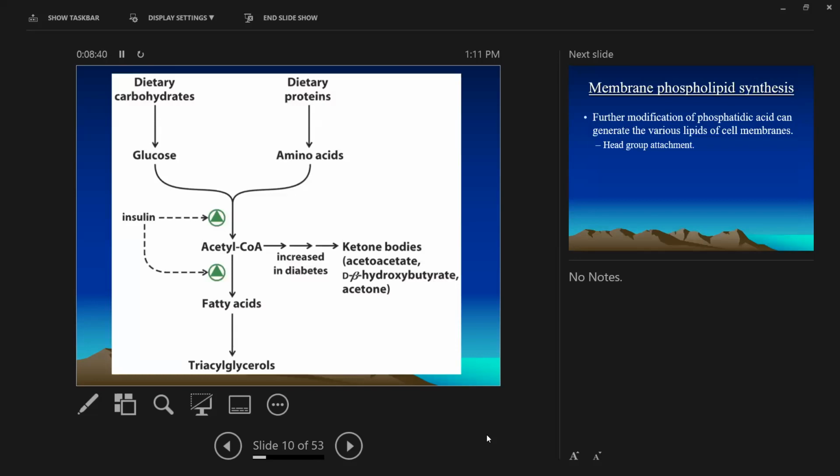So this is taken from your book. The conversion of glucose to acetyl coenzyme A, that's stimulated by insulin. The conversion of acetyl coenzyme A to fatty acids, that's stimulated by insulin. We saw this, insulin stimulates ACC, which converts acetyl coenzyme A to malonyl coenzyme A. That then leads to the synthesis of fatty acids. That's stimulated by insulin.